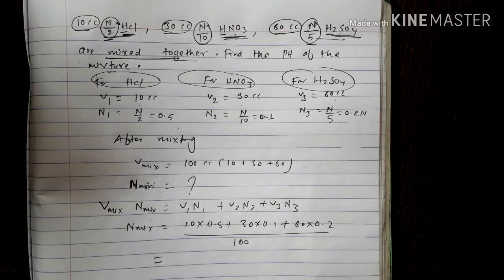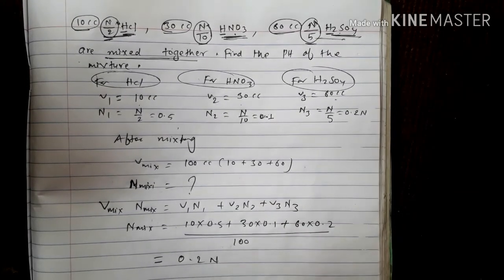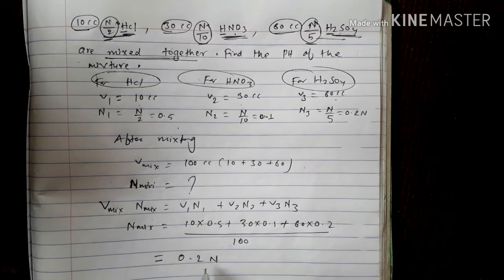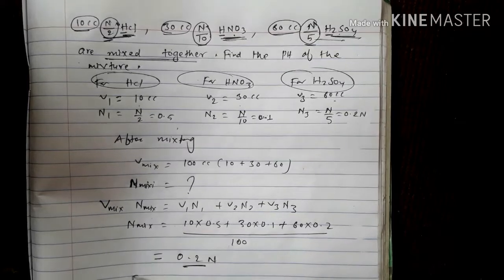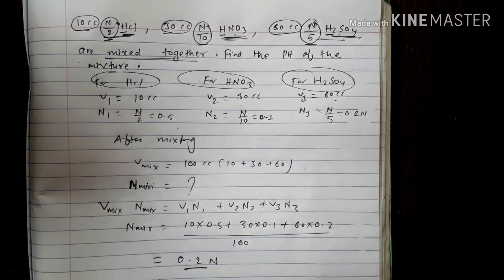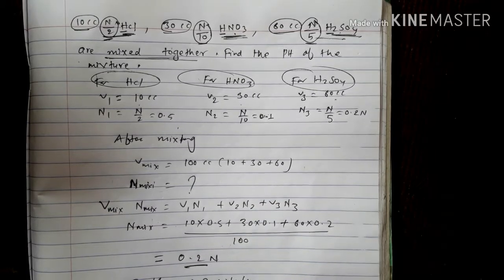The normality of the mixture will be 0.2 normal. The normality of the mixture is the concentration of acid H plus ion in moles per liter.